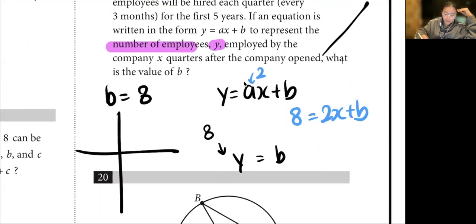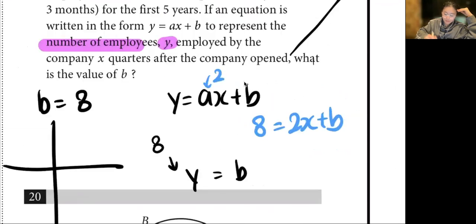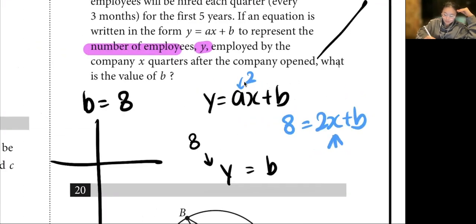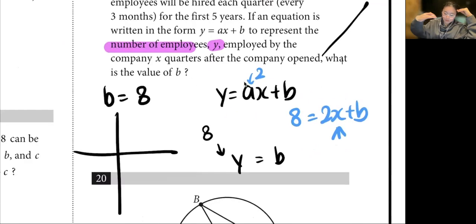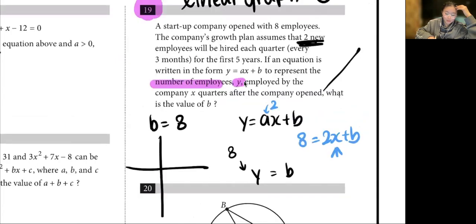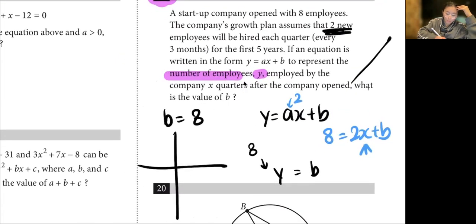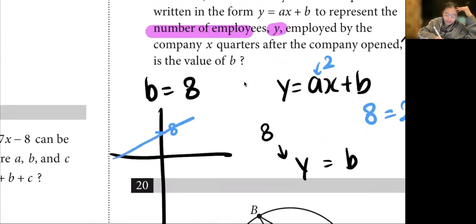And to know b, or to know the starting point, you just plug in 0 for x, and then that will give you b equals 8. And why do we make x 0? It's because we already know where it started, which is 8. And that means the line is kind of like that.